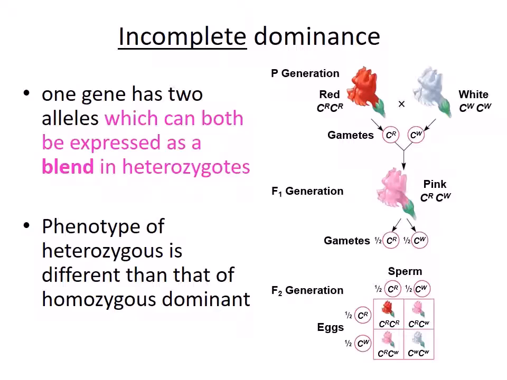So the F1 generation are all going to be pink. And then if we breed the F1 generation together, they could give their offspring either red alleles or white alleles. So in the F2 generation, we have a 1 to 2 to 1 ratio of red to pink to white offspring. Ultimately, with incomplete dominance, the phenotypes of heterozygous individuals are different than either homozygous individual.